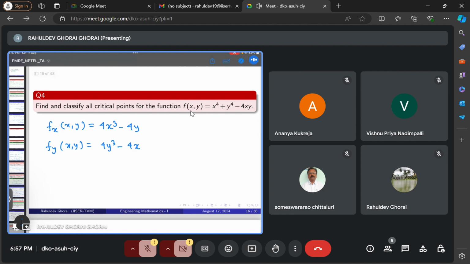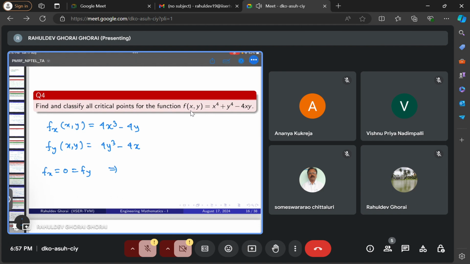Now, we are trying to find the critical points. If (a, b) is a critical point, then at that point the derivative will be 0. So let's take f_x equal to 0 equal to f_y. Then we solve, and whatever points we get will be the critical points, right?